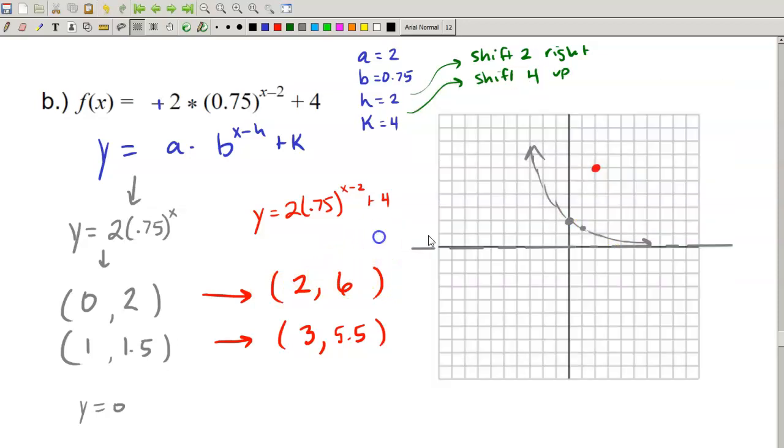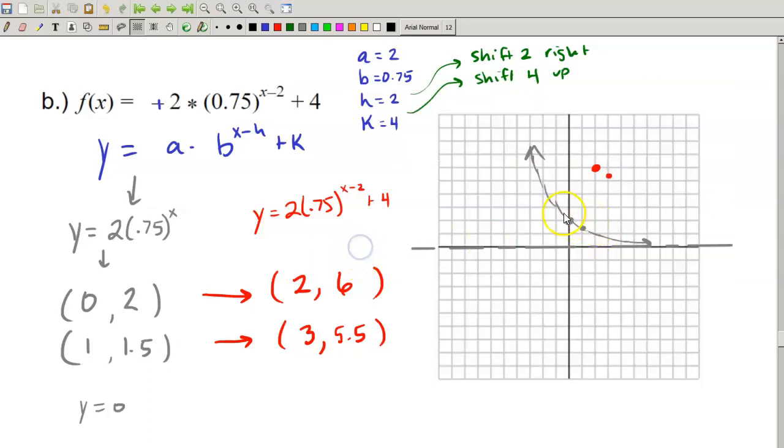And then we're going to take the second point that we have here, which originally is right here at 1 and 1.5, and we're going to follow the h and k, which is to the right 2, 1, 2, and then up 4, 1, 2, 3, 4, which is now right here.